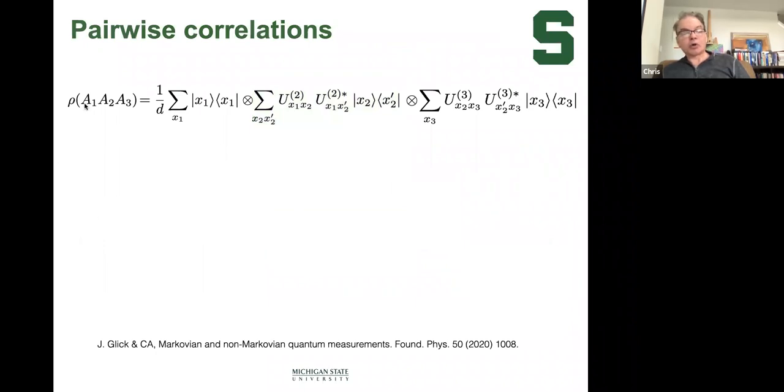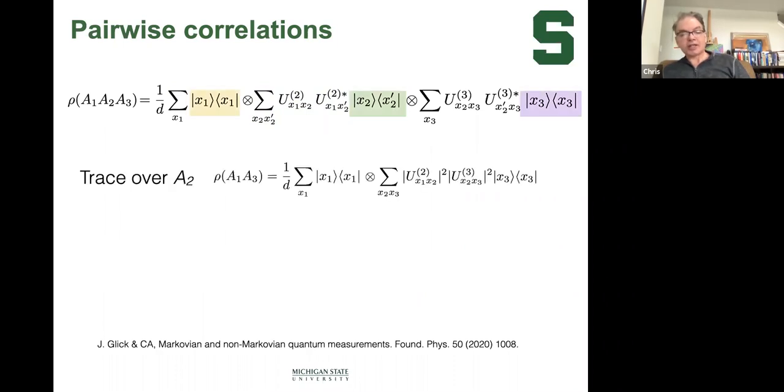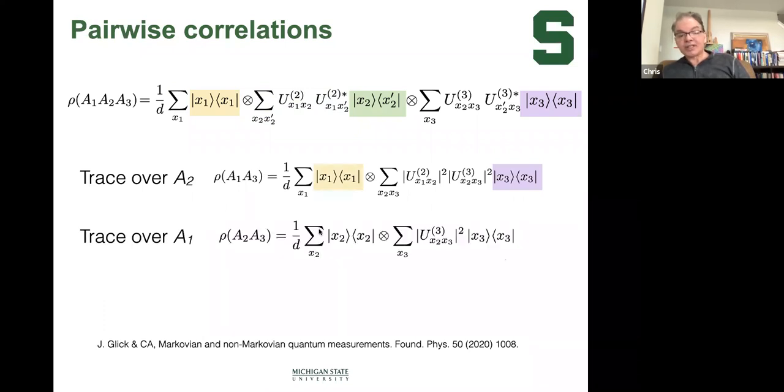Pairwise correlation is like correlation between A1 and A2, A1 and A3, and A2 and A3. So if I trace over A2, I get the density matrix of A1 and A3, and they're both diagonal, which is what the collapse picture would have given us. If I trace over A1, then I get this density matrix, which is also diagonal, and is what the collapse picture would have given us.